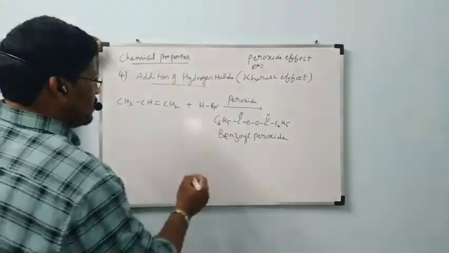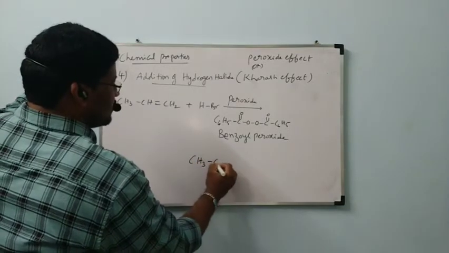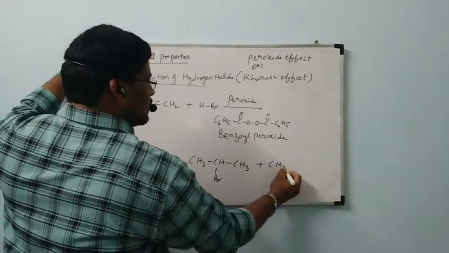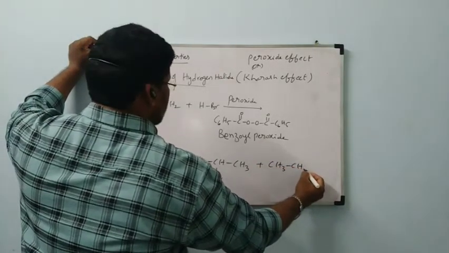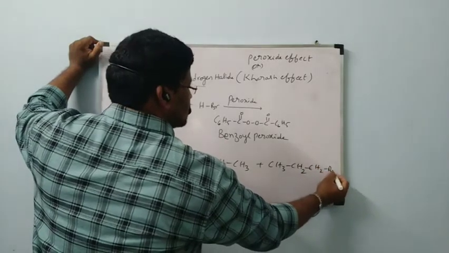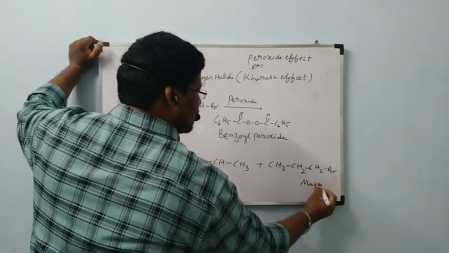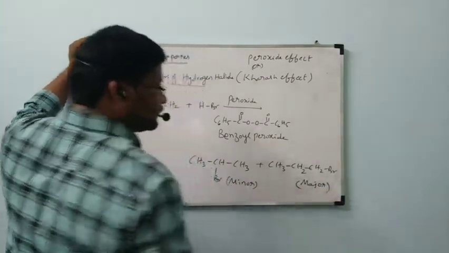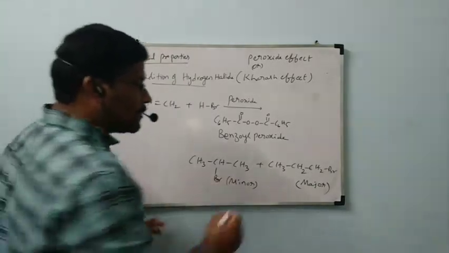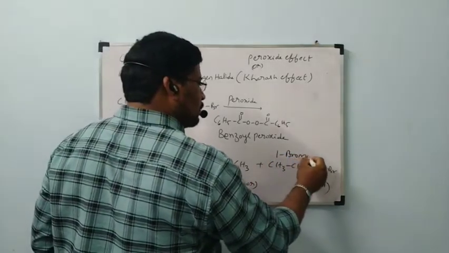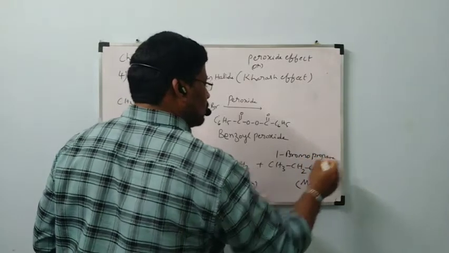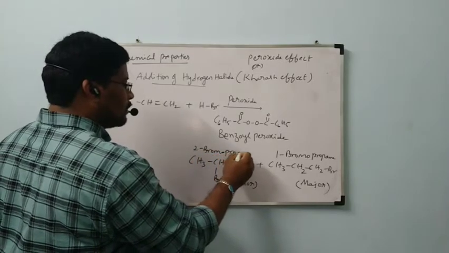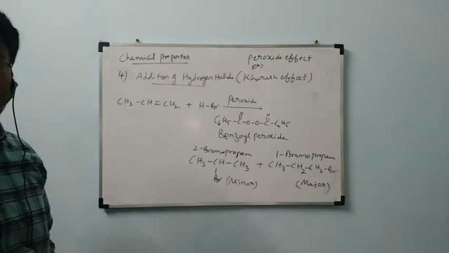That is CH3CHBrCH3 plus CH3CH2CH2Br. This is the major product and this is the minor product. 1-bromopropane is the major product and 2-bromopropane is the minor product.